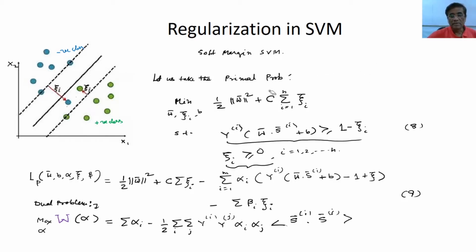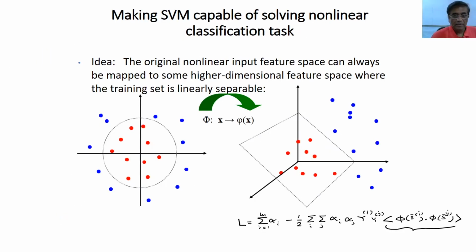So anyway, the take home is that if you have noisy data, then C will be large. If you do not have noisy data, C will be small, and the effect of noisy data is that your gutter width will be shrinking, will be narrowed down. Okay. So this is what I wanted to communicate.